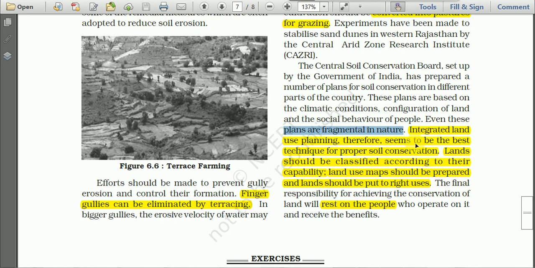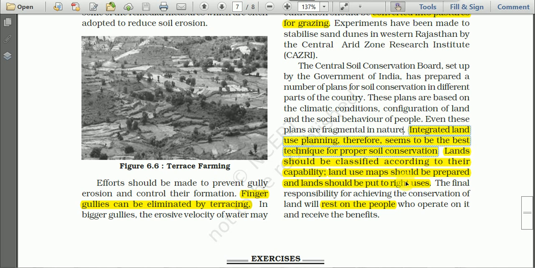So integrated land use planning seems to be the best technique for proper soil conservation, like river catchment area planning, for example, watershed development planning. Such integrated land use planning should be done to stop soil erosion.